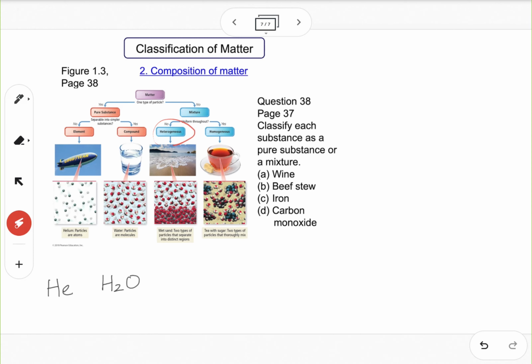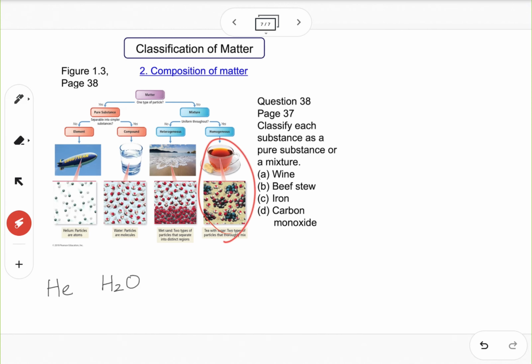One is a heterogeneous mixture, the other one is a homogeneous mixture. For heterogeneous mixture, this picture shows us a very good example. That's sand water. For sand water, you know the sand is not going to dissolve in water. If you have such a mixture, you see sand at the bottom of the cup and the water on the top. So you can see the difference of the two phases with your eyes. They are not miscible with each other. So that is heterogeneous.